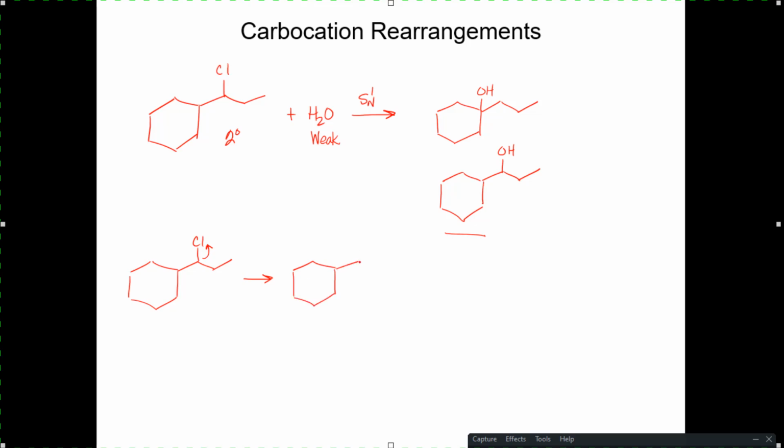That means that I'm going to end up with a partial bond in the transition state, delta positive on the carbon, delta negative on the chlorine, as that is the way that the chlorine's becoming negative and the carbon's becoming positive, and that will give me then my carbocation intermediate.